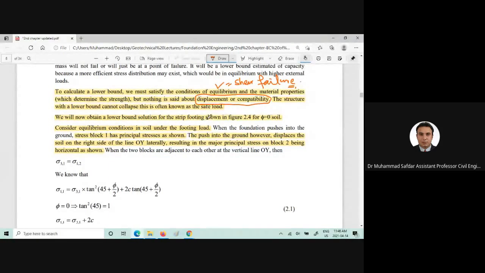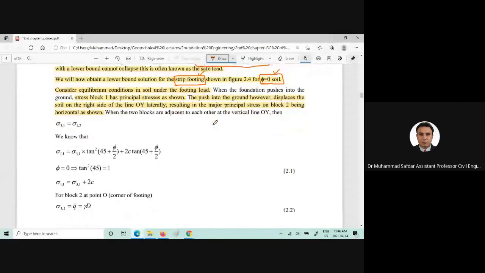Now, a very simple way to find out the bearing capacity of the soil is that we can take phi equal to 0, and we can take the example of a strip footing. So you can clearly see here that we are making very simple assumptions, for a strip footing and for a purely cohesive soil, on how we can find out the bearing capacity.